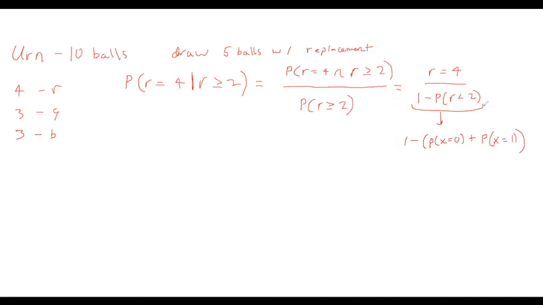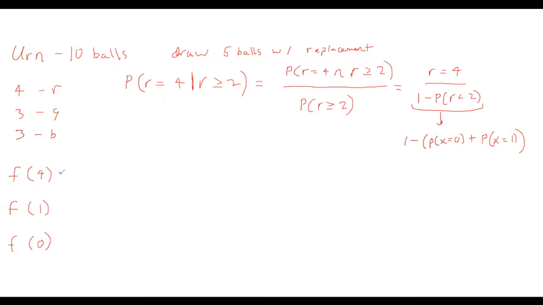So let's find our probabilities. We need f of 4, f of 0, and f of 1. So I'm going to write f of 4, f of 1, and f of 0.